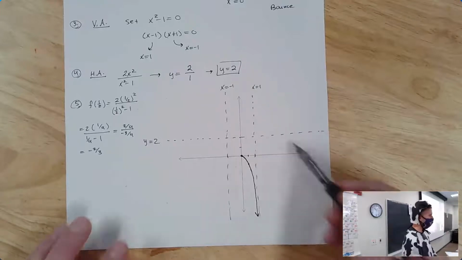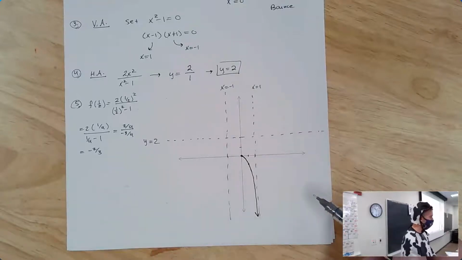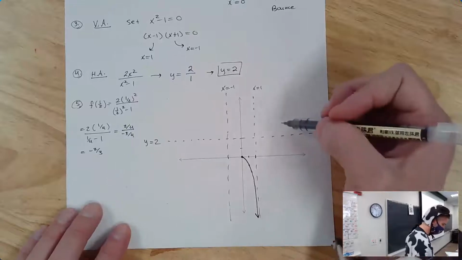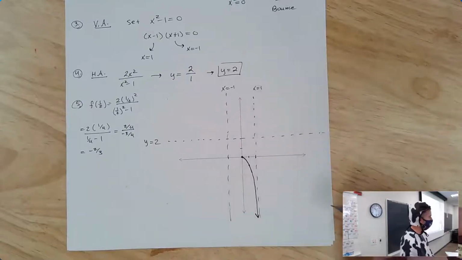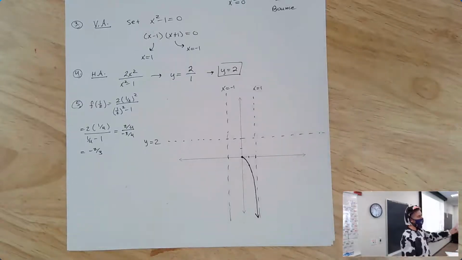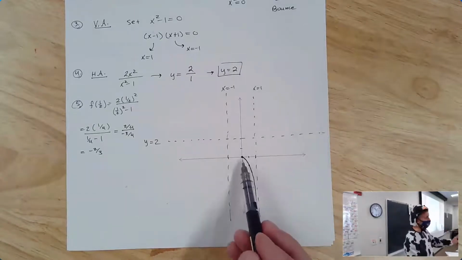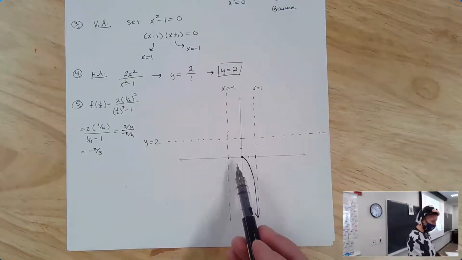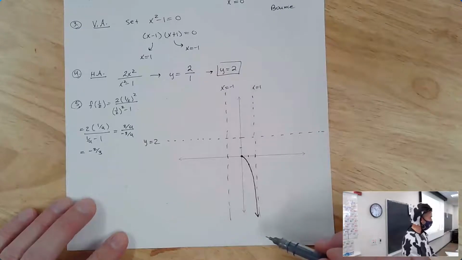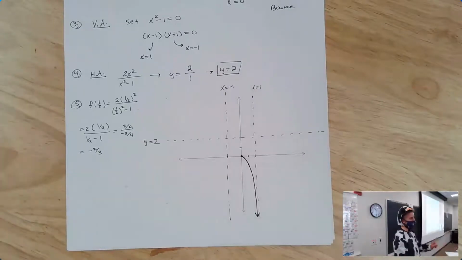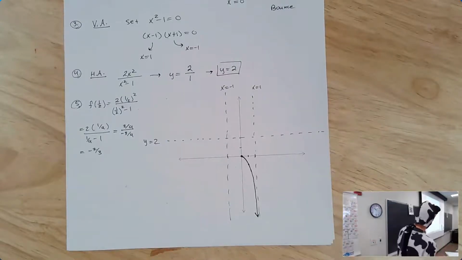What about the other side of 1? Are we also way down here, or are we way up here? Well, so the x-intercept bounces. But we're talking about the vertical asymptote now. And while I like what you're saying, it's actually not a bounce. So here's what you can totally do. And this is something I sometimes talk about, but not always.